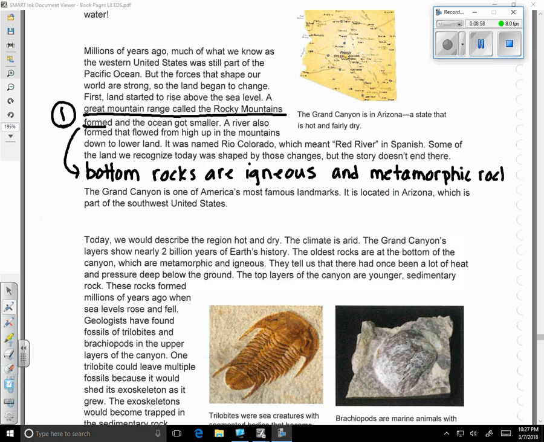That means that those rocks have a lot of pressure and a lot of heat. So we know that the Grand Canyon is part of all of this because at the bottom of that canyon there are igneous and metamorphic rocks.